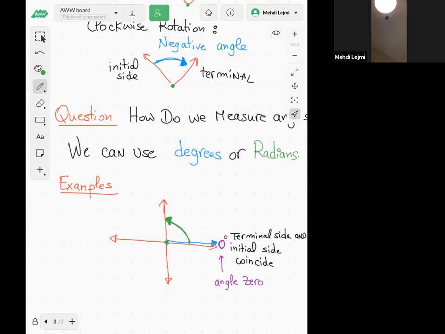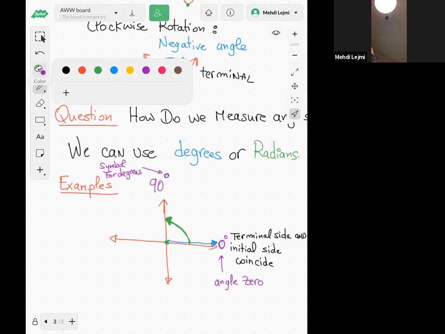Of course, the symbol here for degrees is this circle. This circle here means degrees. So that's the right angle, that's 90 degrees.